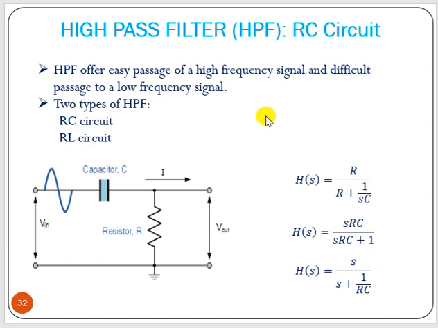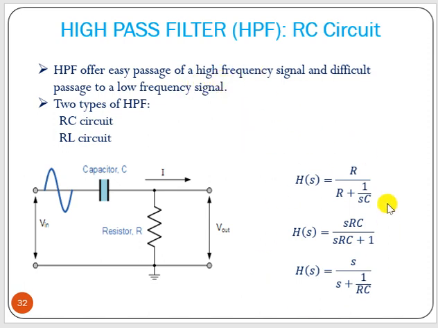That means at omega equal to 0, transfer function is 0. So output is 0, and it will increase after that and reach some maximum value. For the low pass filter, it is 0 at infinity.